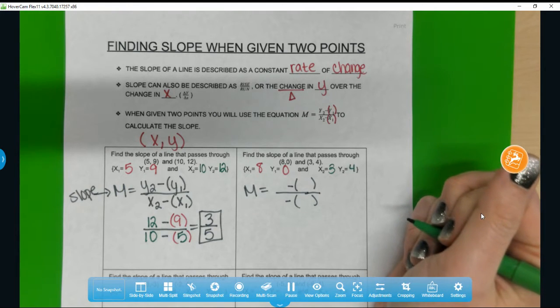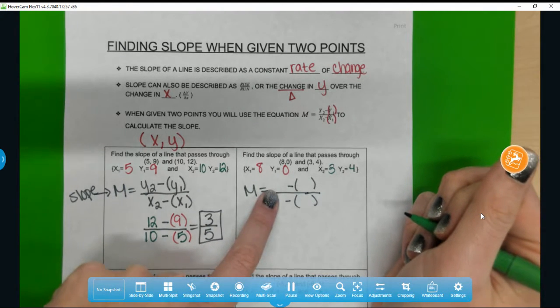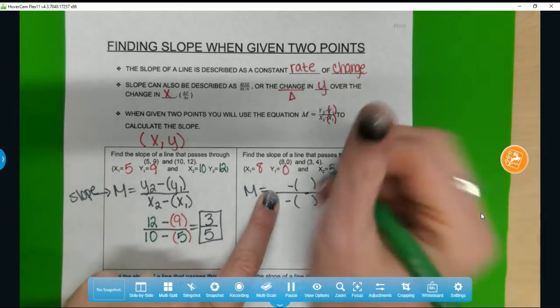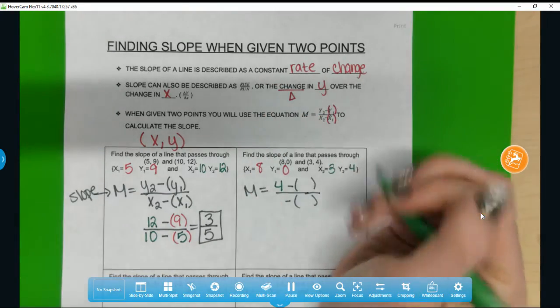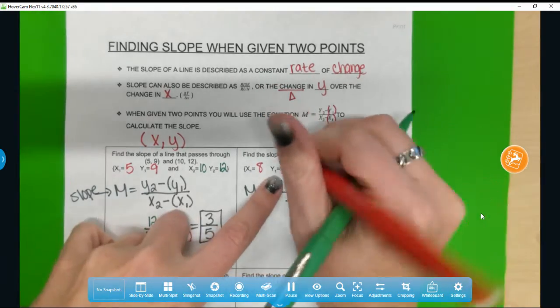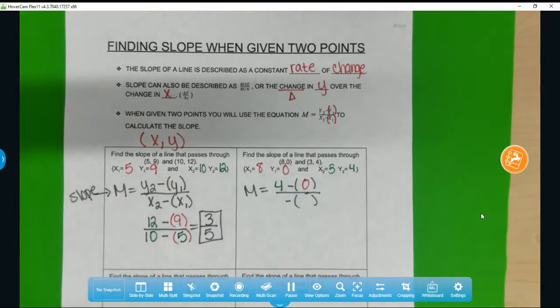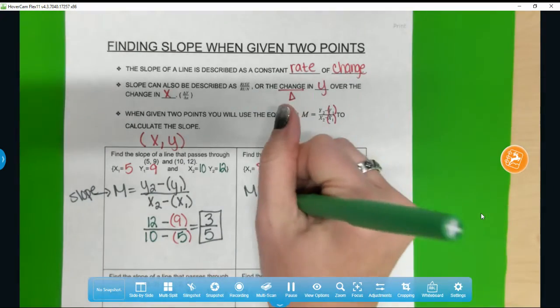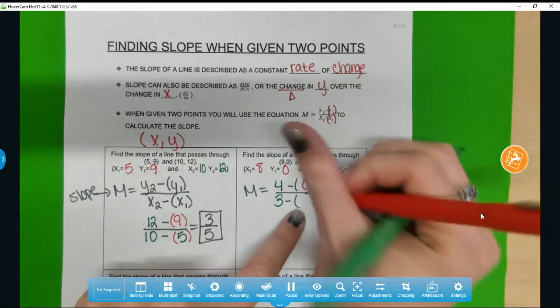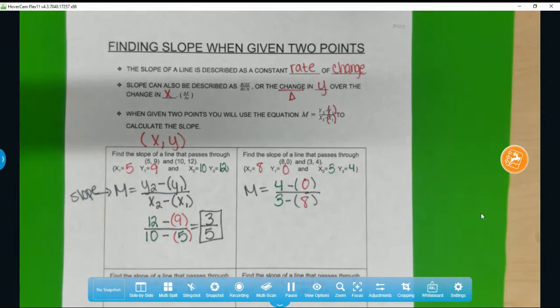So I have y2, which is 4, minus y1, which is 0. I have x2, which is 3, minus x1, which is 8.